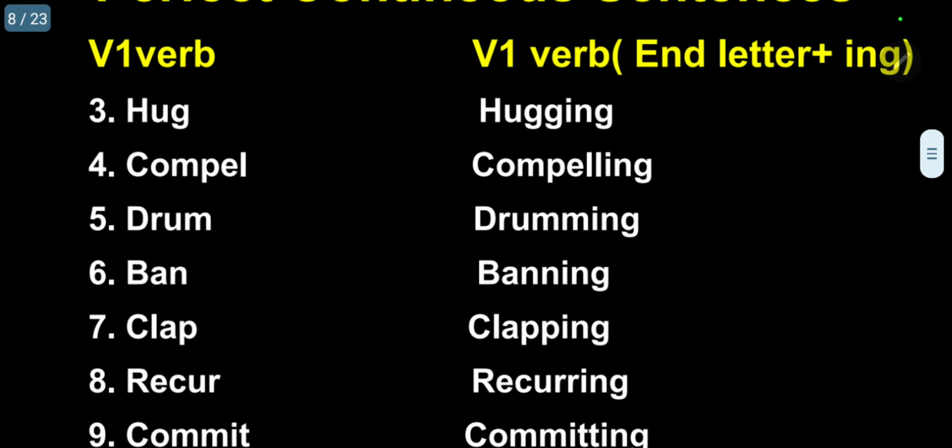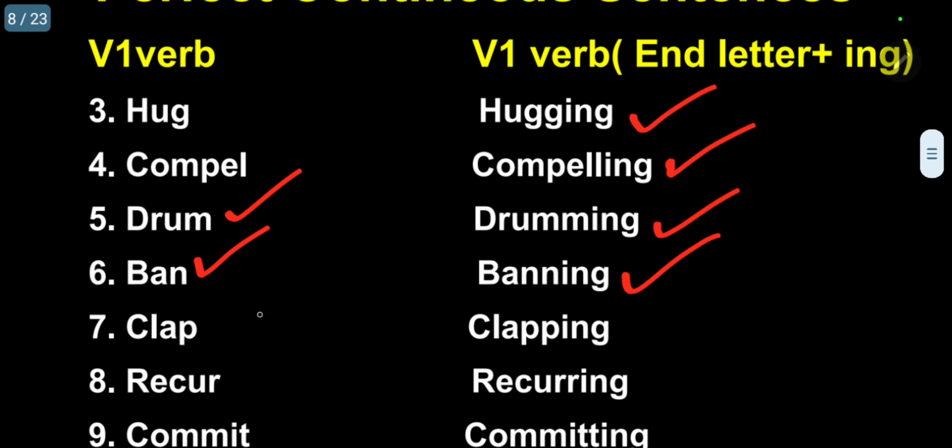Hug, end letter G, hugging, G-I-N-G. Compel, L, so L-I-N-G, compelling. Drum, drumming, M-I-N-G. Ban, banning, N-I-N-G. Clap, clapping, P-I-N-G.